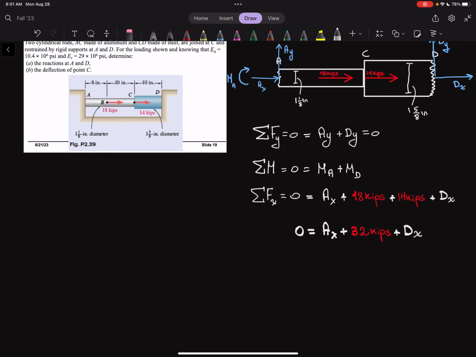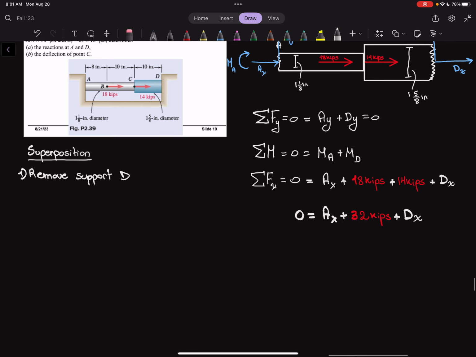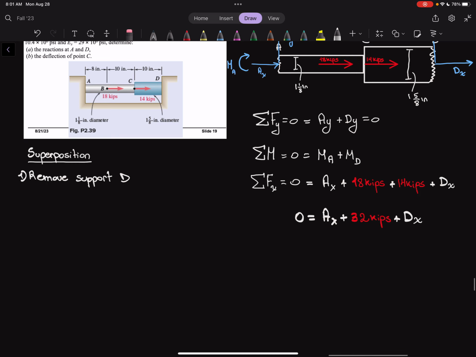So we'll create a superposition. Let's pretend that support D is not there, so remove support D. Let's redraw the free body diagram in that way.